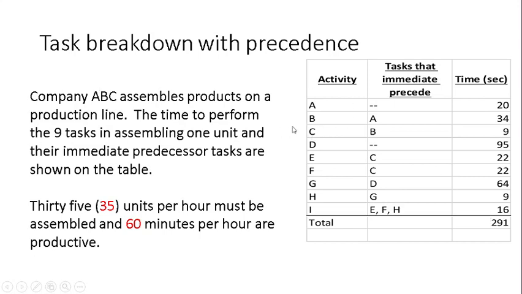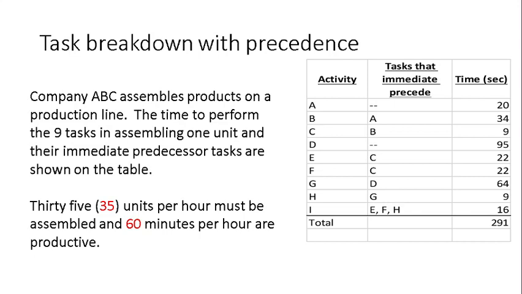As you can see here, the table shows us a lot of information, and the objective is to produce 35 units per hour, and we know that every working hour, the productive time is 60 minutes.